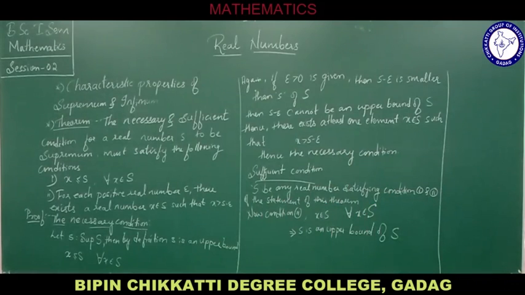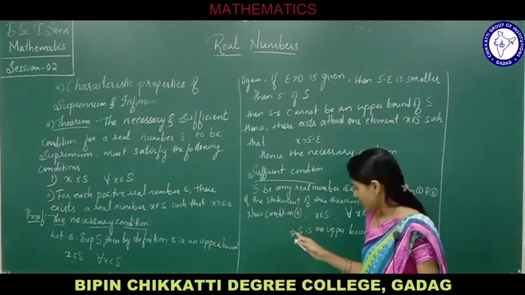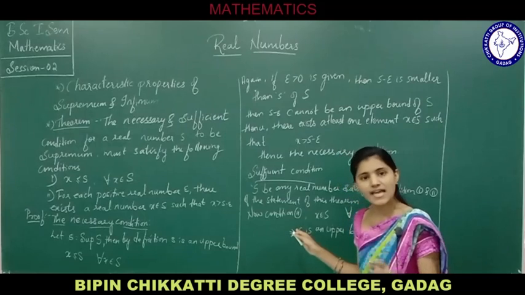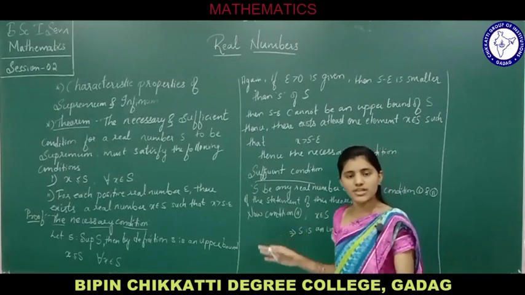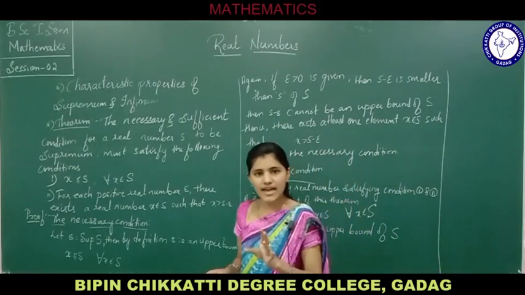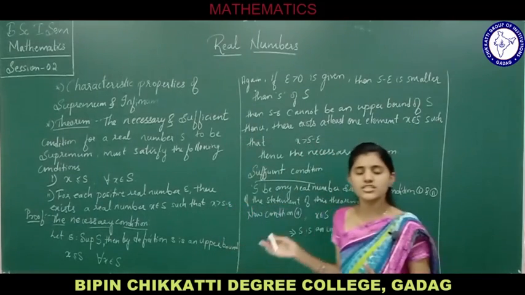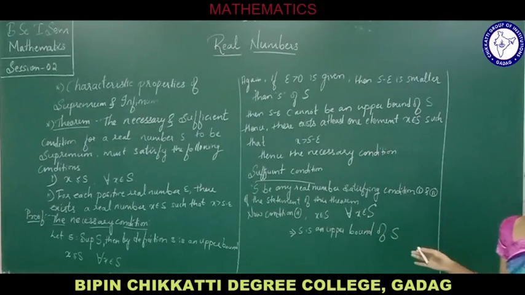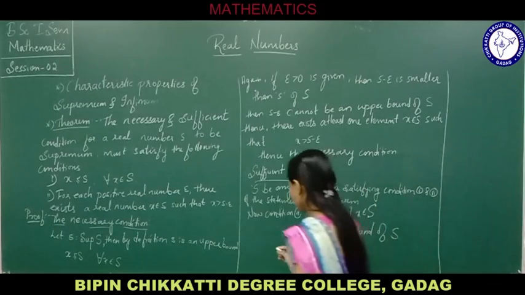In order to show that s is the supremum of S, we must prove that no real number less than s can be an upper bound of S. That is, we need to prove that there exists no number less than s which is an upper bound of S. To prove that, let, if possible, s dash be another real number.